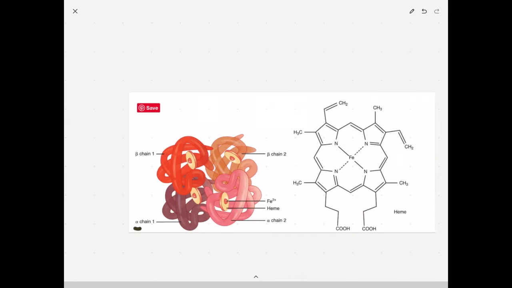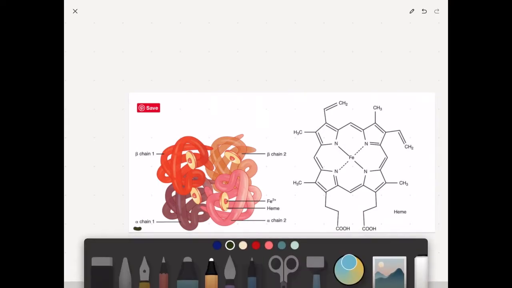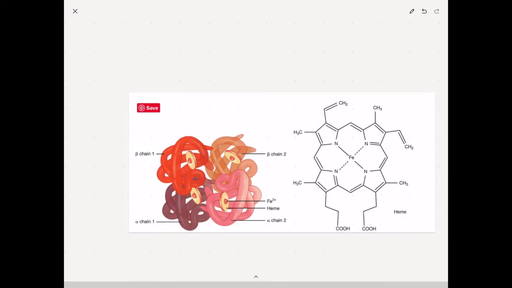You have a alpha chain. Let's decrease the size of our little marker here. So you've got an alpha chain, a beta chain, another beta chain, and an alpha chain. And we'll talk about the significance of the different chains that make up the 4 subunits of hemoglobin in a moment.